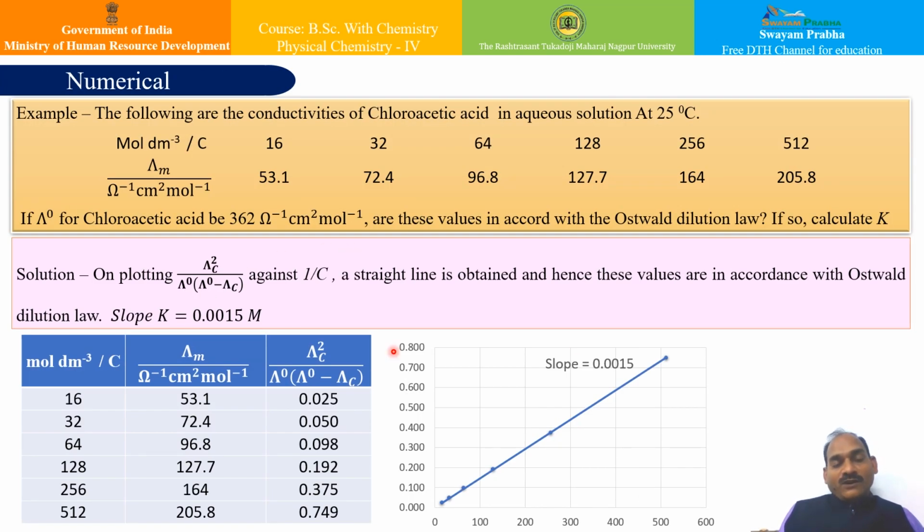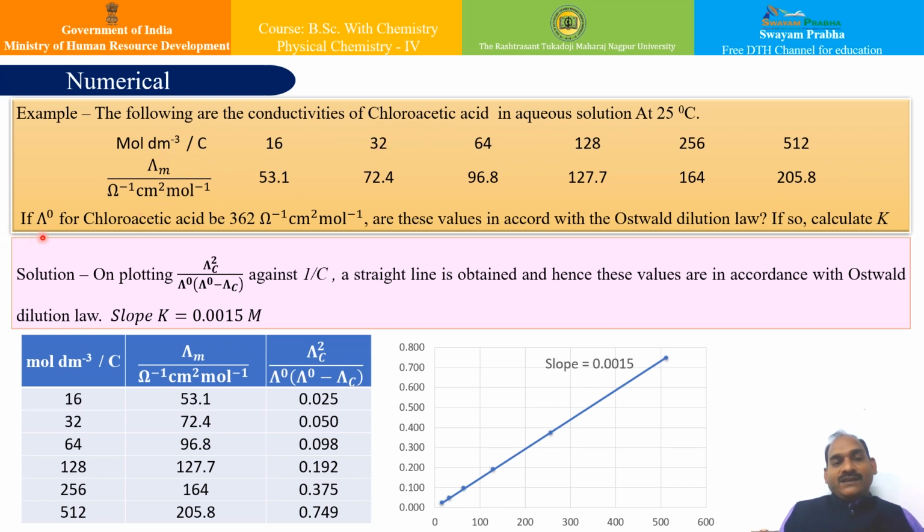We can solve a small numerical based on it. Say, for example, the following are the conductivities of chloroacetic acid in aqueous solution at 25 degrees centigrade. So I have this particular data, where concentration and molar conductance are given.